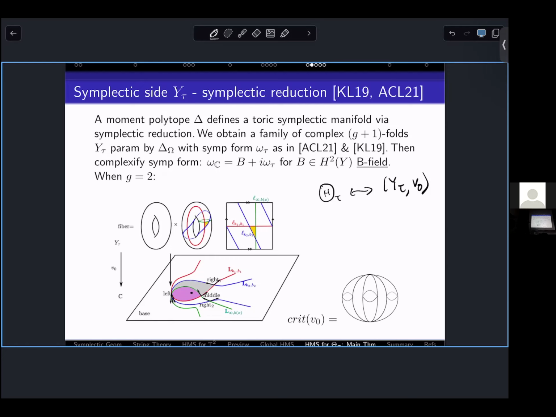You can think of this as the mirror, because it looks like a genus 2 curve, and it's the right dimension too. This is too big of a dimension. That's going to be the right part of the category. Whatever fiber, we actually avoid the singular fiber because it would be too singular to pass through it. And so it's monodromy around this that's going to give us all the calculations.